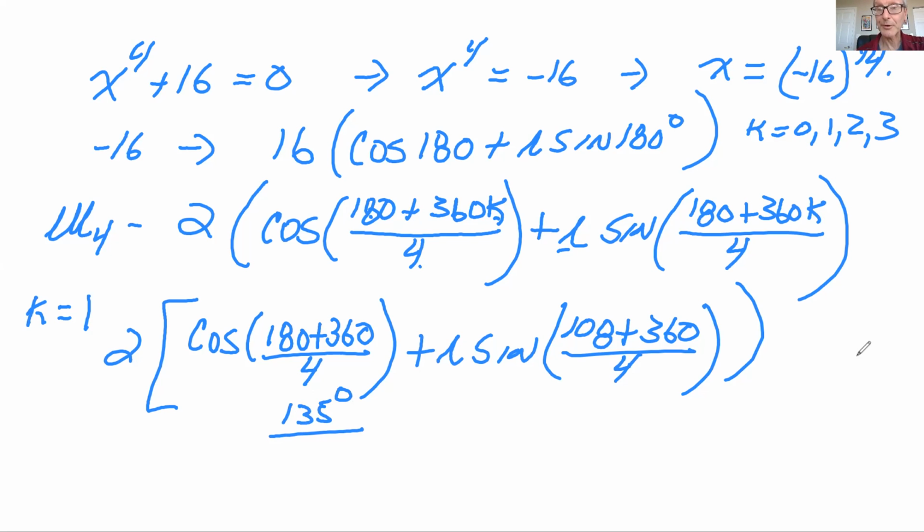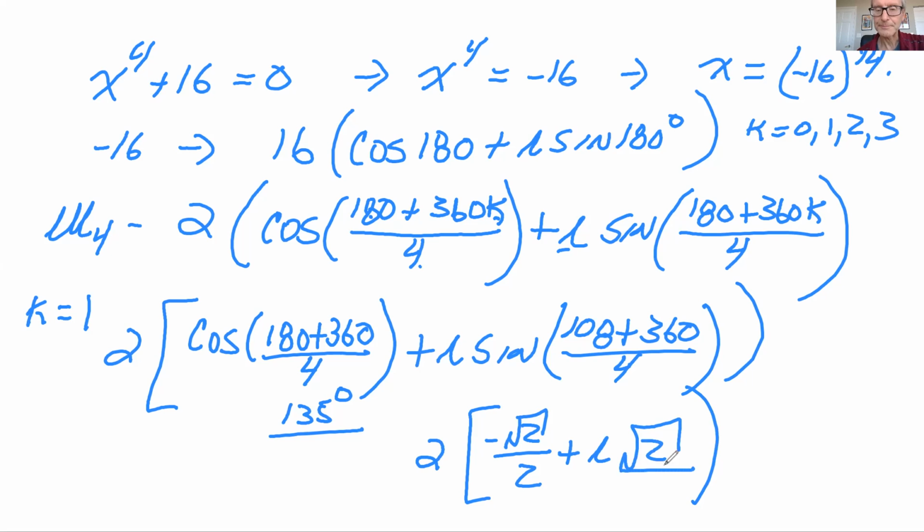All right, so now we're in quadrant 2. In quadrant 2, cosine is negative, sine is positive. So this would be 2, and cosine of 135 degrees is minus square root of 2 over 2. And sine would be positive, so this would be plus i square root of 2 over 2.